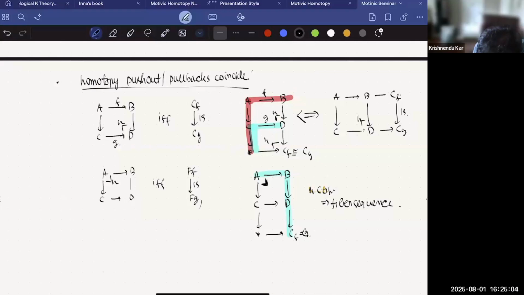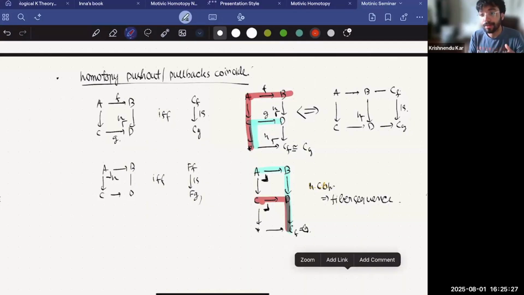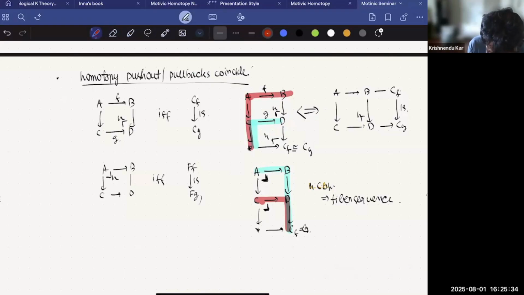And also, I know this one is a pullback by the same logic, because C to D and C to CG is also a homotopy cofiber sequence, so it's also a fiber sequence. Now you can use the pasting lemma of the pullbacks to say that this smaller square is a pullback.